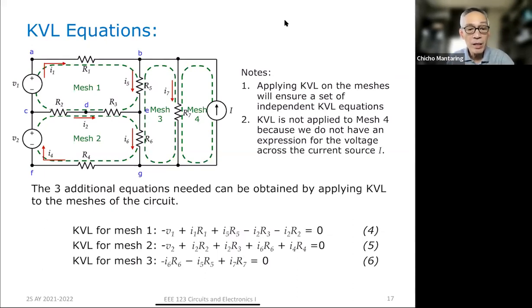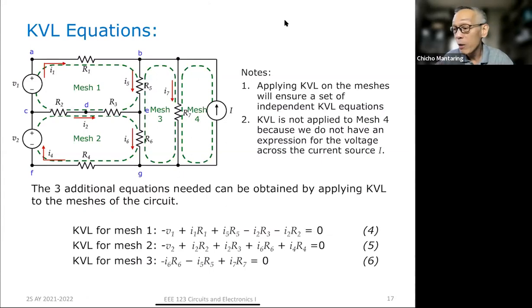Okay. Anyway, I just wanted to say something extra, no. Kasi binanggit ko rito, no, sa number 1 that applying KVL on the meshes will ensure a set of independent KVL equations, no? Because actually, when you combine mesh equations, you get a loop equation.